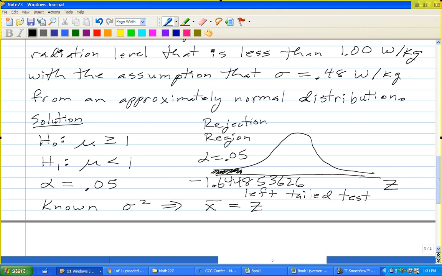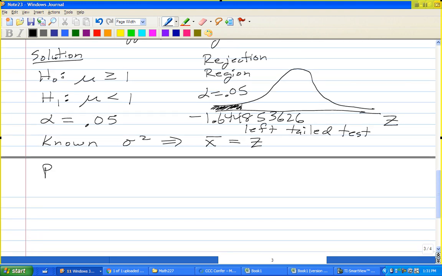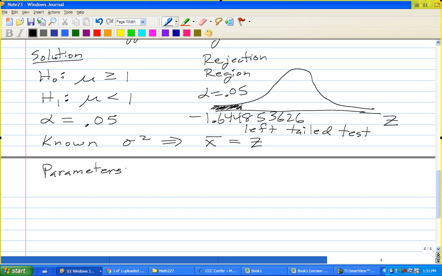Okay, good. So now let's determine the parameters for my sampling distribution, the sampling distribution of all possible sample means. Well, the mean for the sampling distribution of all possible sample means is just the mean of the population, which in this case is assumed to equal 1.